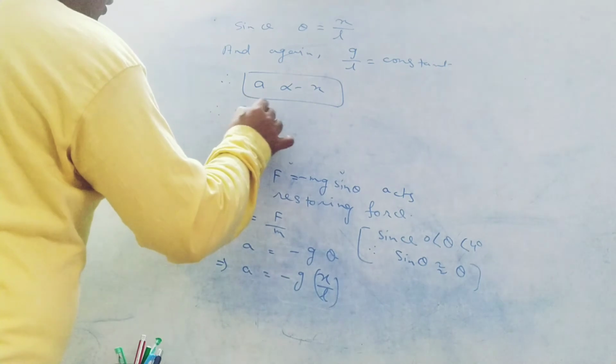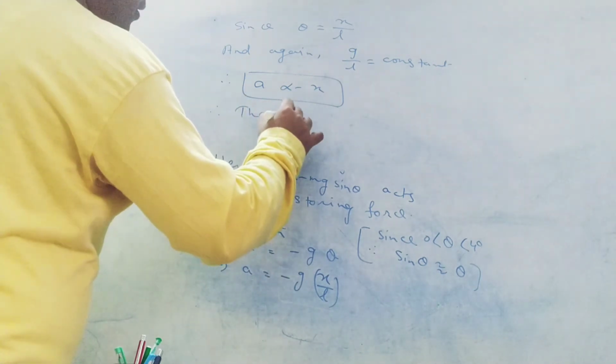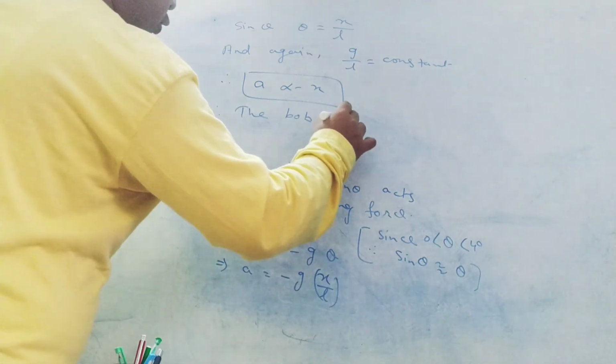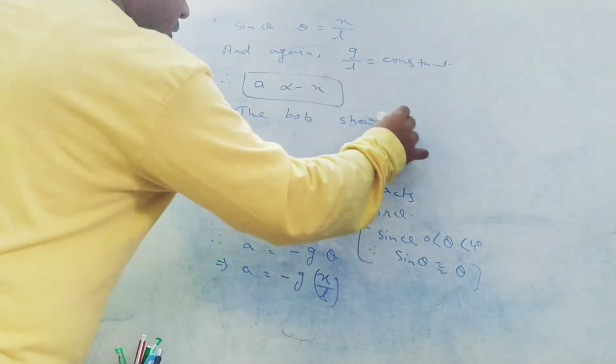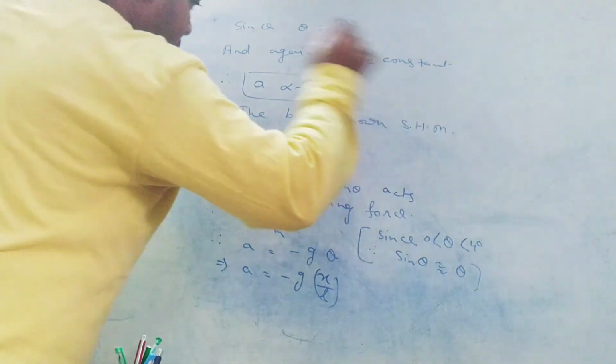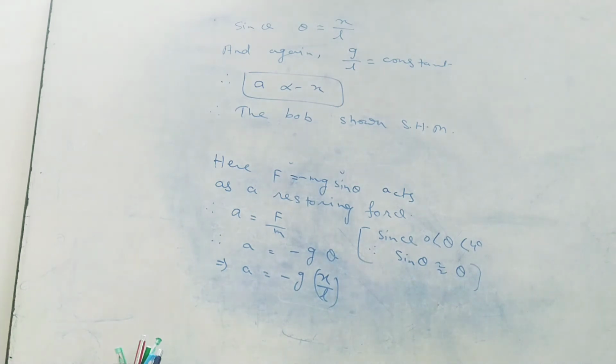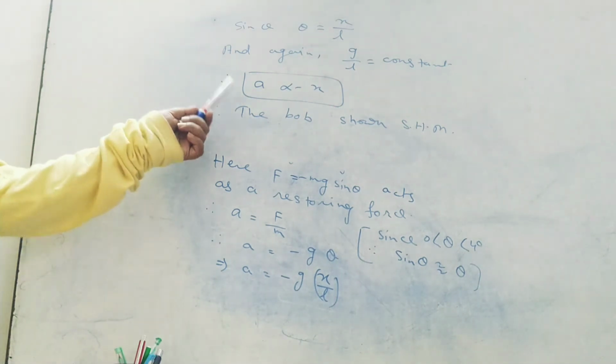Therefore the bob shows simple harmonic motion. Therefore the motion of a simple pendulum is S.H.M. It is proved.